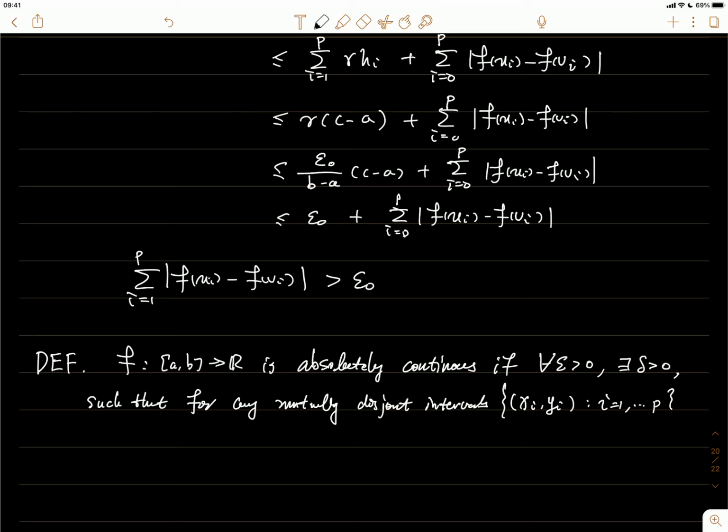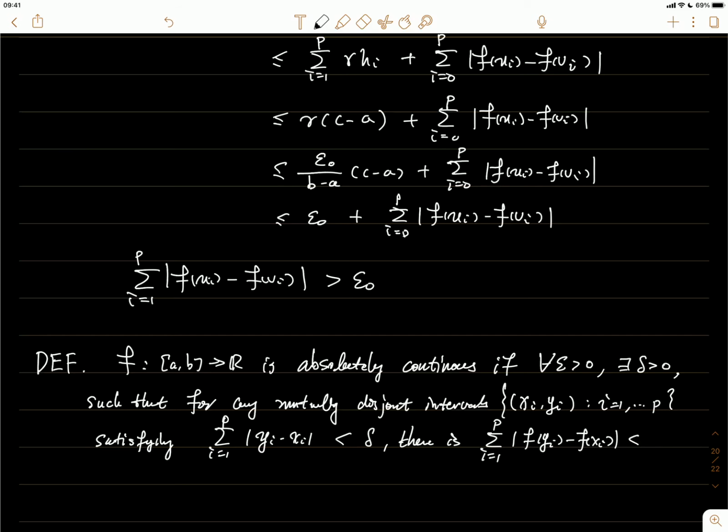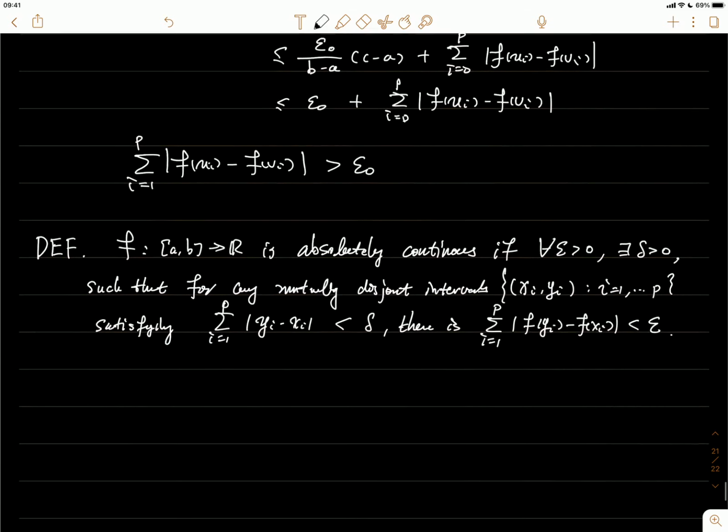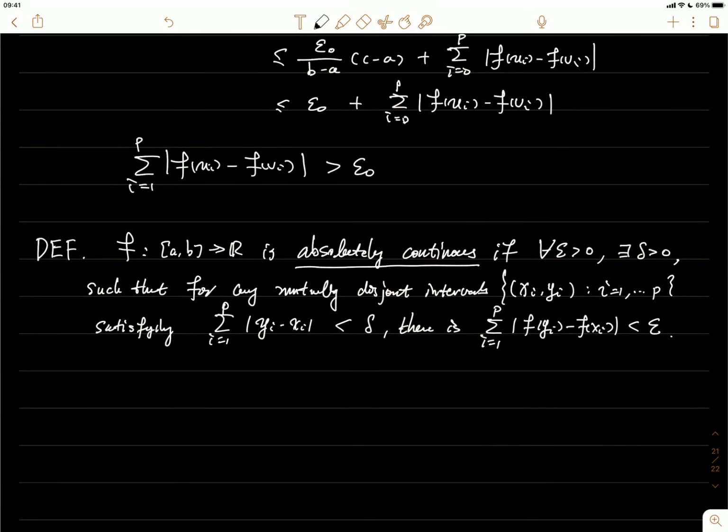So for any disjoint intervals like this, satisfying that the sum of yi minus xi from 1 to p is less than delta, the sum of f of yi minus f of xi from 1 to p is less than epsilon. Okay, so this is the definition for absolute continuity.